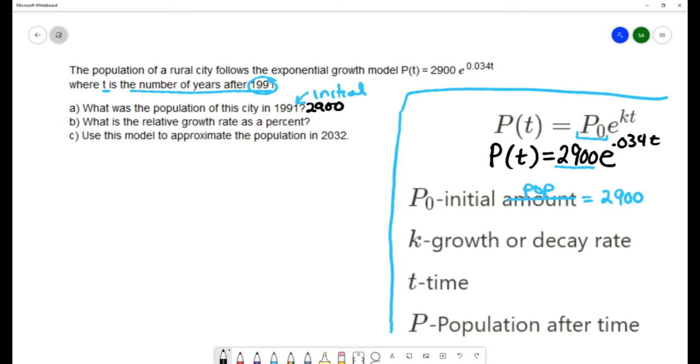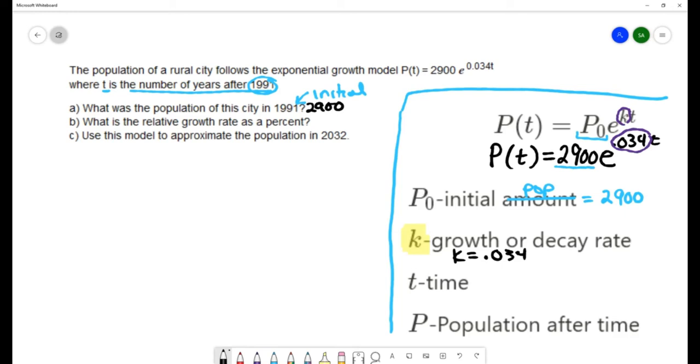In part B, it says what is the relative growth rate as a percentage. So we mentioned here that K is the growth rate. And let's use a different color. K is the coefficient of t, and we have the coefficient of t right here being 0.034. So K will equal 0.034.